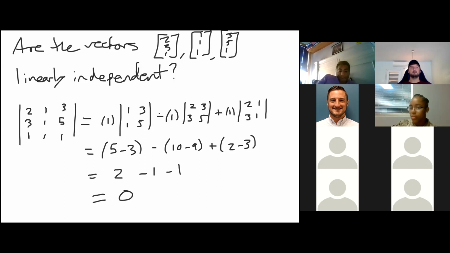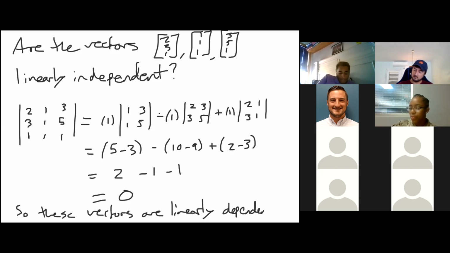So what can I conclude? Are these vectors linearly independent or linearly dependent? Dependent. Yeah, they are linearly dependent. So can these three vectors end up forming a basis for the span?